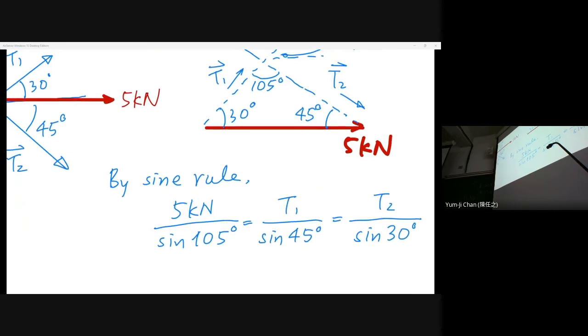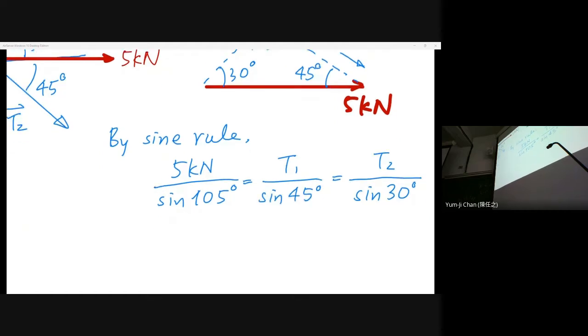I think you have learned this at high school. So we have T1 equal to 3.66 kilonewton and T2 equal to 2.59 kilonewton.